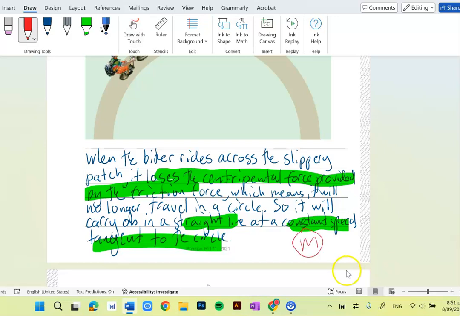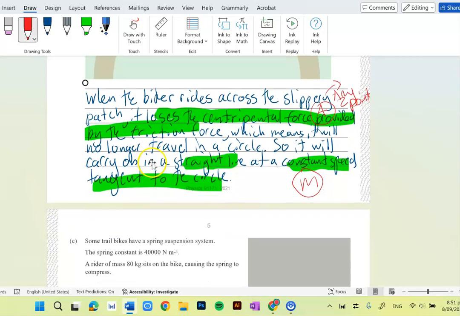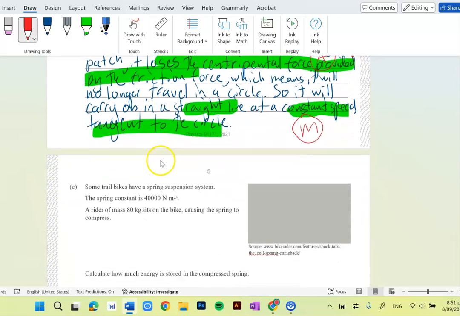If you talk about any two of the tangent or constant speed or the loss of the centripetal force or whatever, that would be an achieve. So yeah, just any 2 points. Alright, that is it. That's that question. Next one.